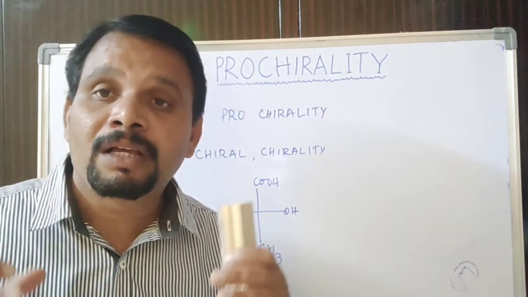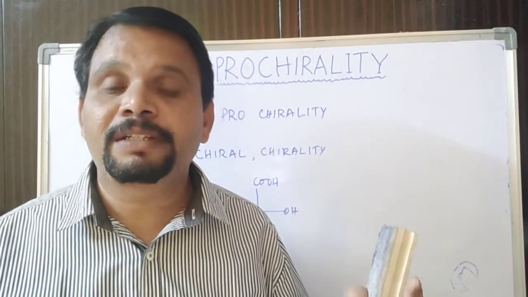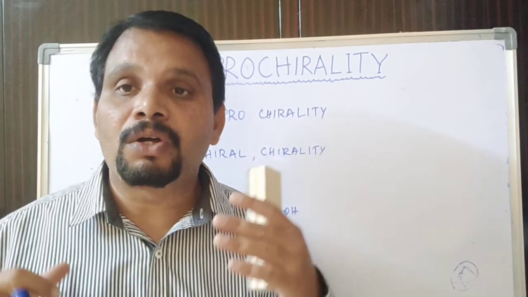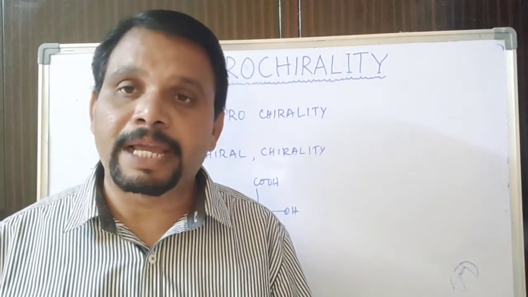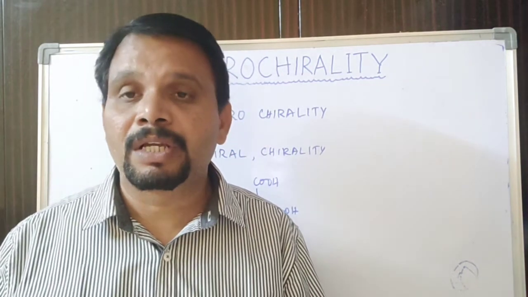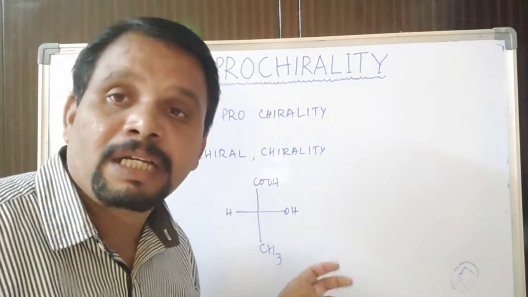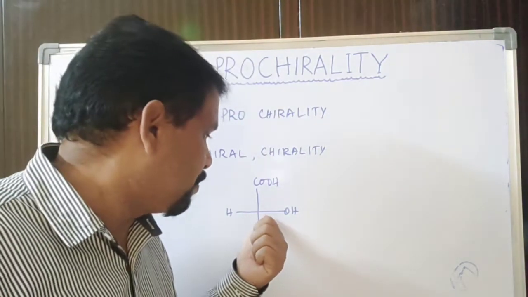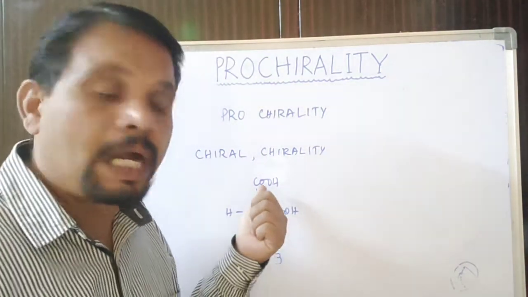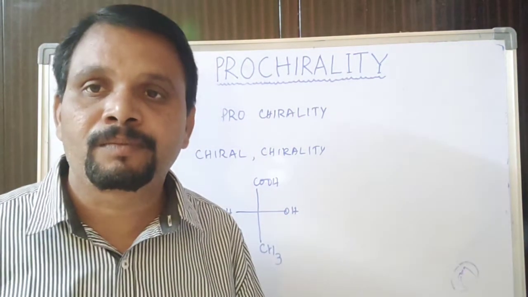What are the symmetry elements? Plane of symmetry, center of symmetry, alternate axis of symmetry, etc. These kinds of symmetry elements are absent when the central carbon or central atom is attached to 4 different groups or atoms in that molecule.